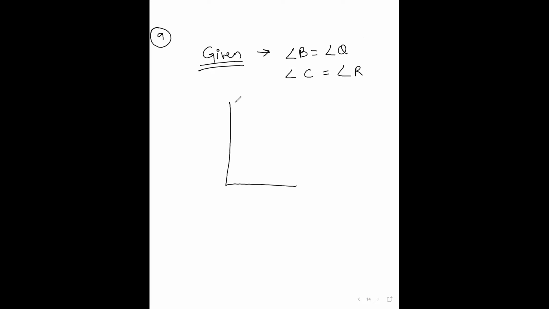Okay, wait. Hiba, these are two angles, and you said we need a side. That side should be where? Between the two angles, right? That is what ASA means.